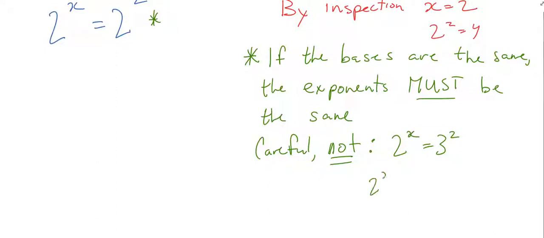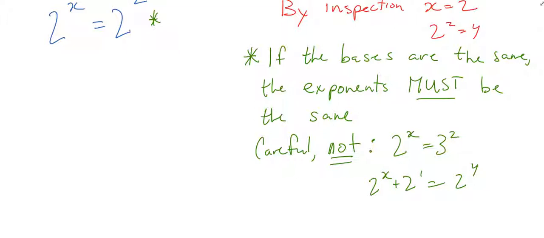Not this as well. 2 to the x plus 2 to the 1 equals 2 to the 4. Some people might think, oh, it's 3. No. This also doesn't work, and it's not true because I've got 2 bases on the left, and again, in that case, we can't do it.